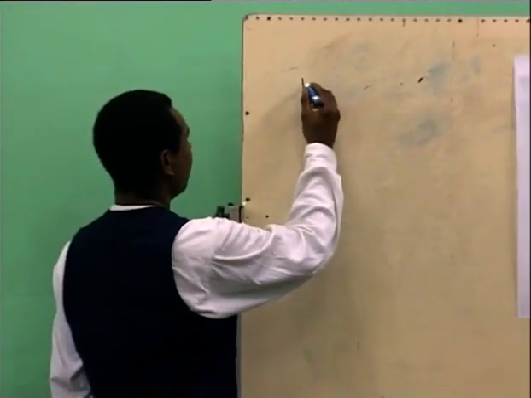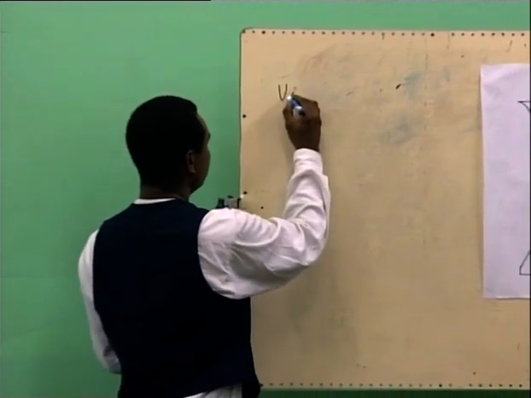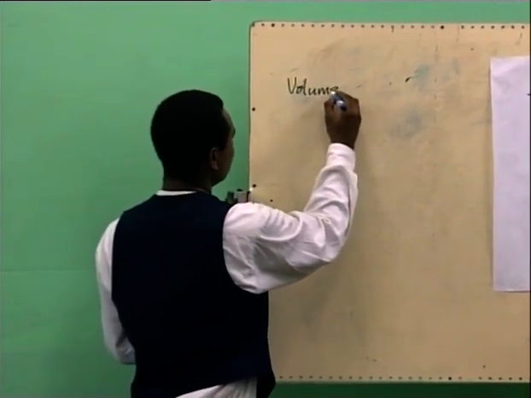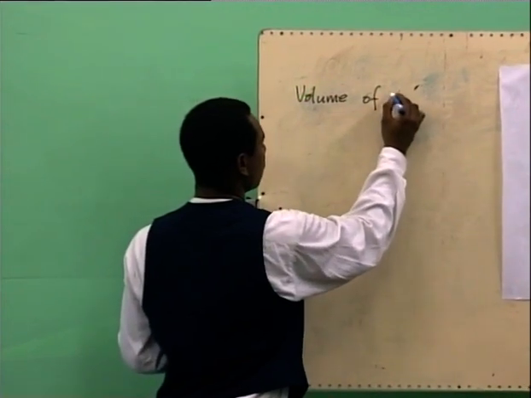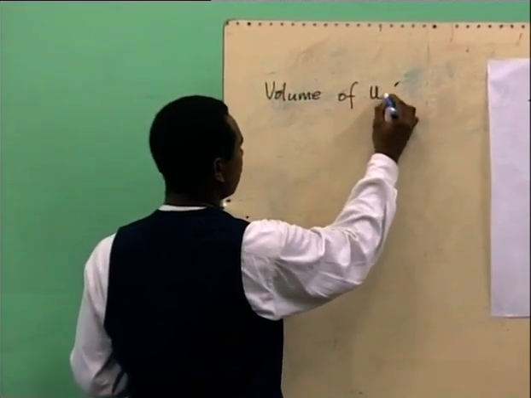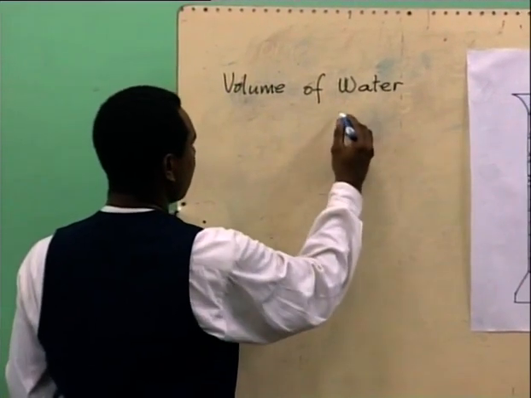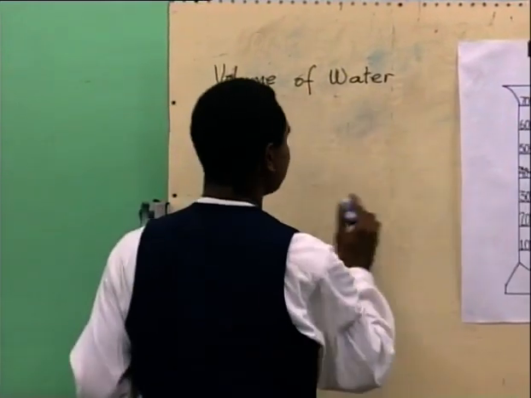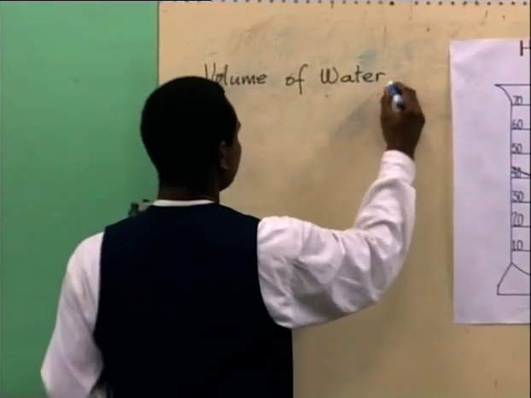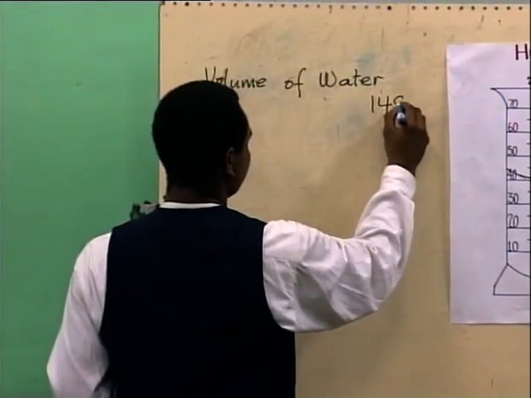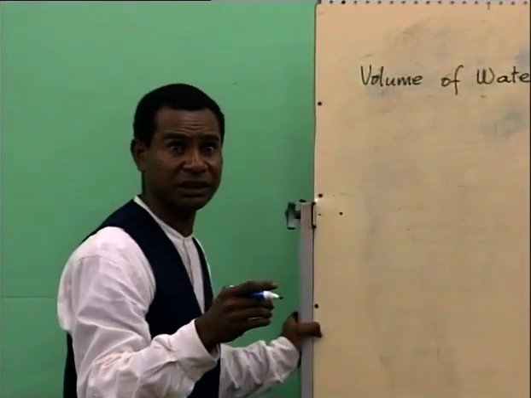So only just the volume of water only was 149 for group 8.